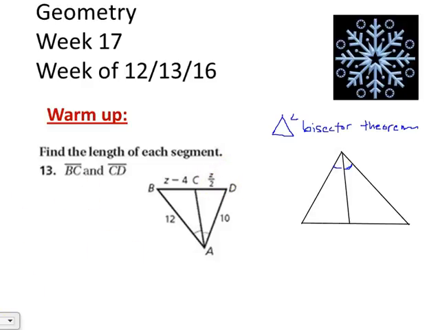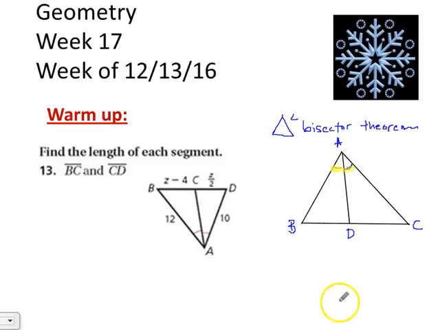Let's go ahead and label this triangle. We're going to say this is vertex A, B, C, and D. And now, because I know that this angle here is congruent to the other angle next to it, I can set up some proportions.